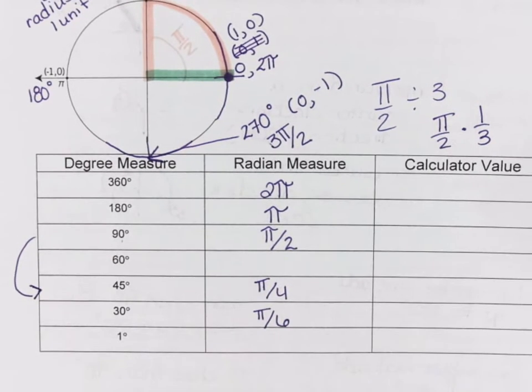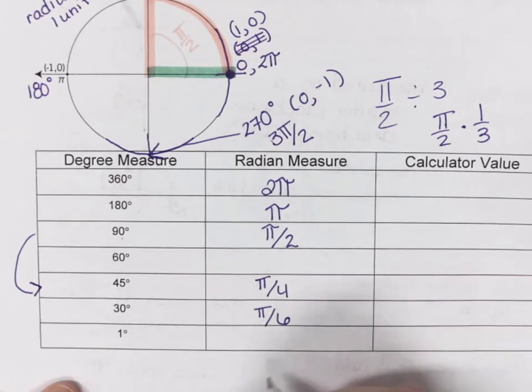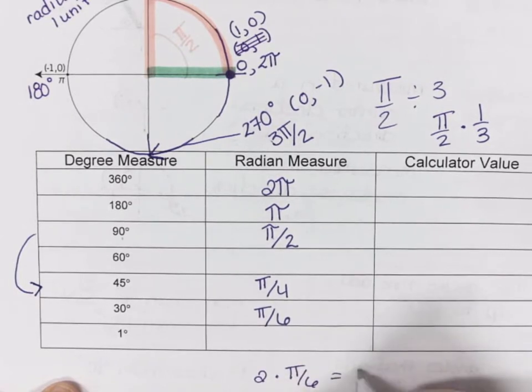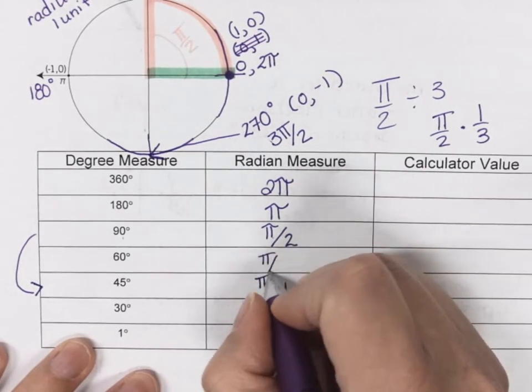Okay, so which one are we going to use to get to 60? What are we doing with the 30? Double it. So now I'm going to have 2 times pi over 6, which would give me 2 pi over 6, which is going to reduce to pi over 3.